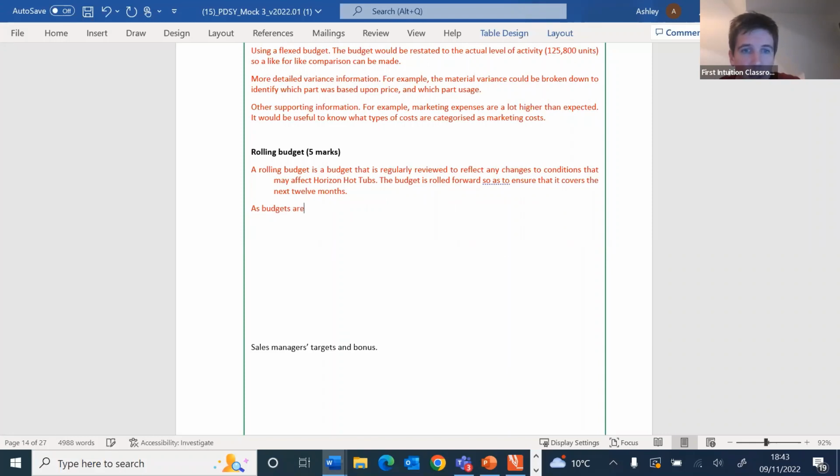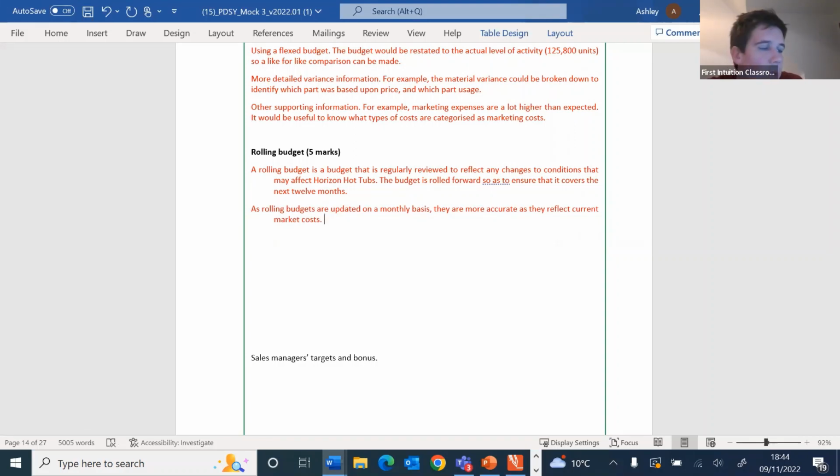As rolling budgets are updated on, let's go for a monthly basis, they're more accurate as they reflect current, let's go for market conditions. So you're absolutely right there, Caroline.